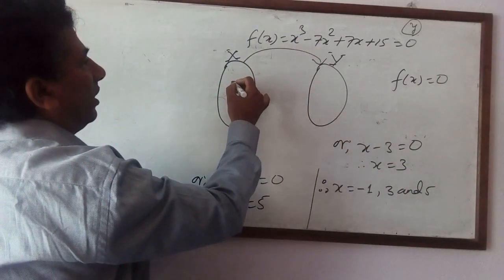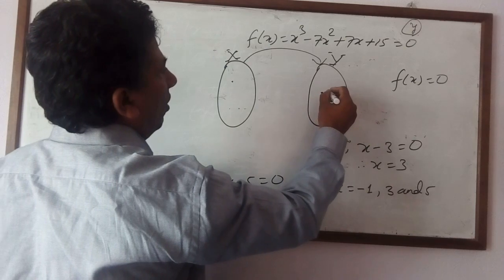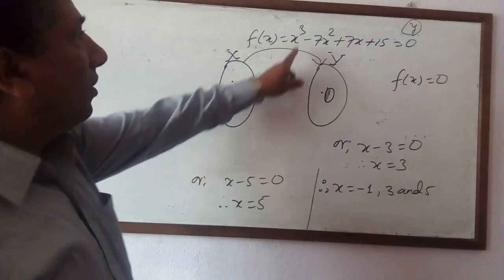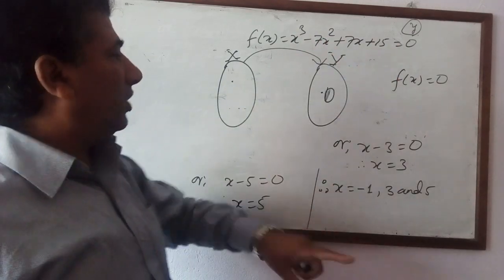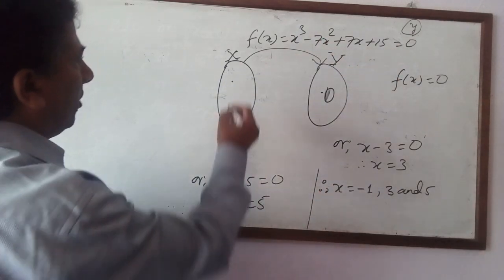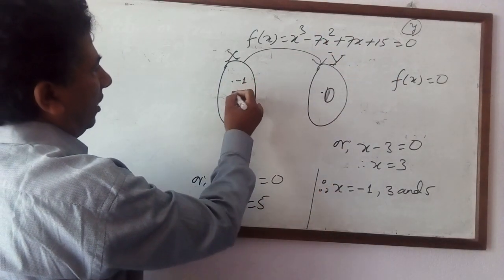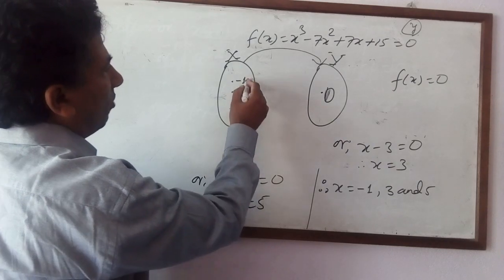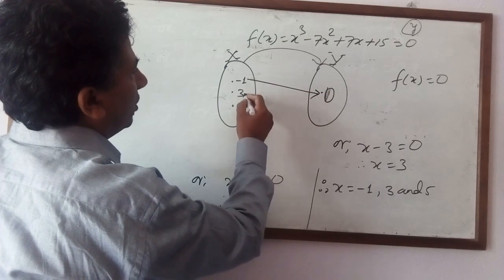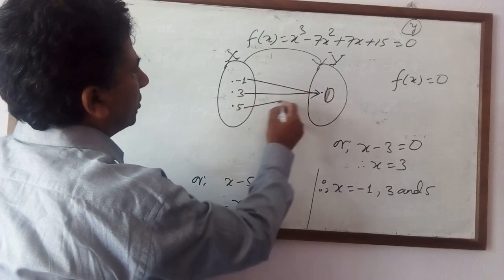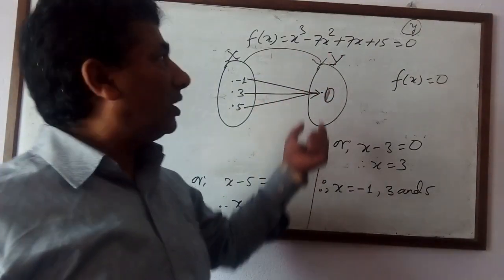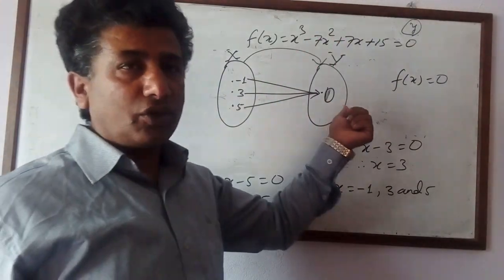Now which value of x gives image 0? We have already found one value is minus 1, another one is 3, another one is 5. Now minus 1 also gives image 0, 3 also gives image 0, 5 also gives image 0. This is the meaning, this is the solution. That solution you have to understand like this also.